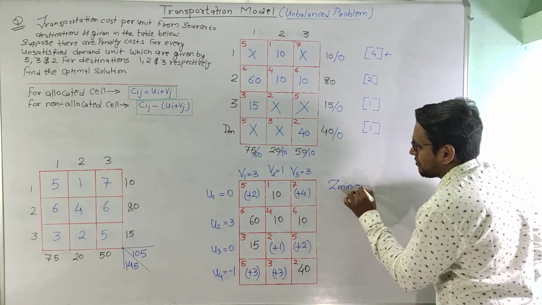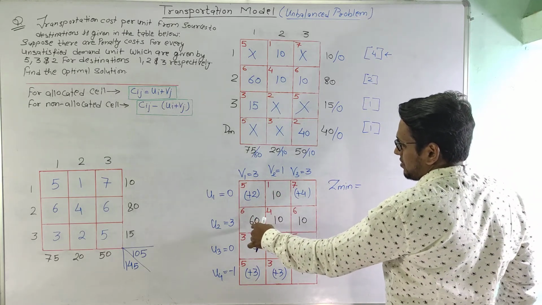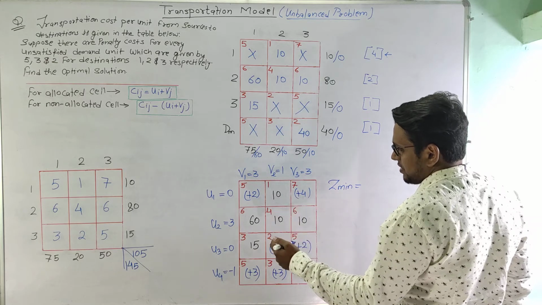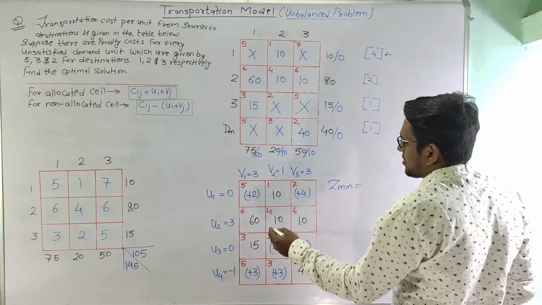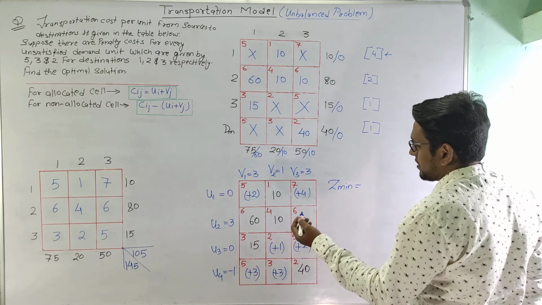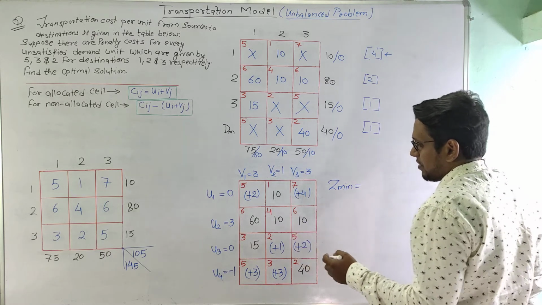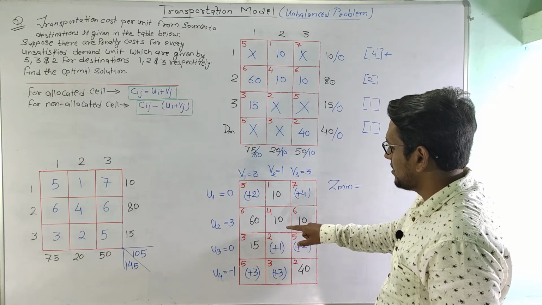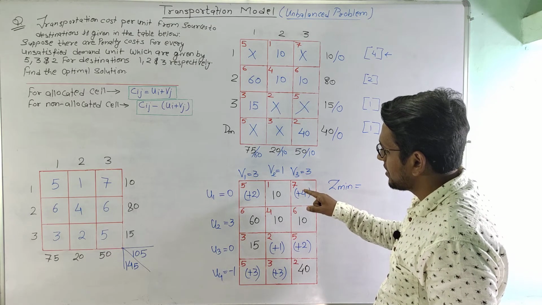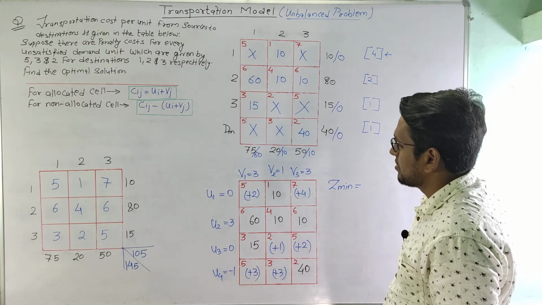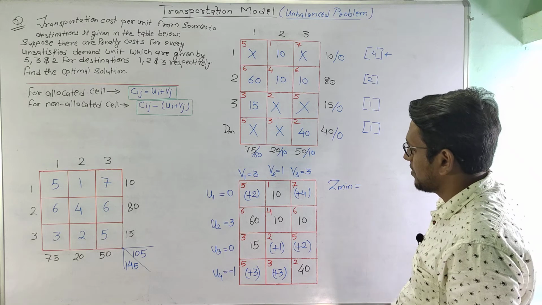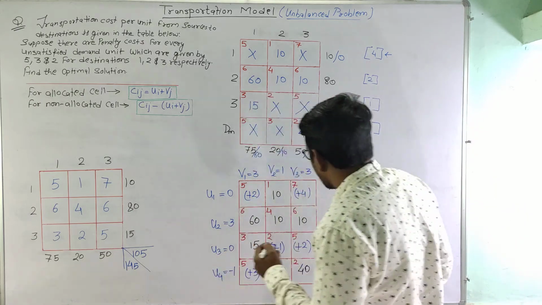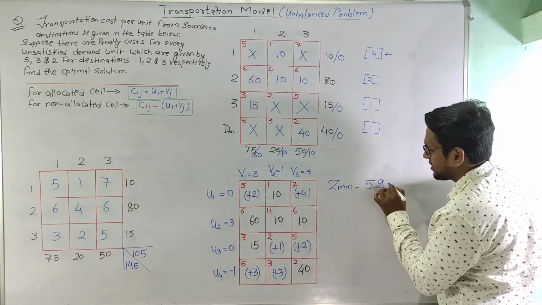So z minimum will come as 1 into 10 plus 6 into 60, so this will be 360 plus 40, 400, 460, 470 plus 45. Sorry, okay, 60, 360, 400, 460, 470 plus 45, so this will come as 595.